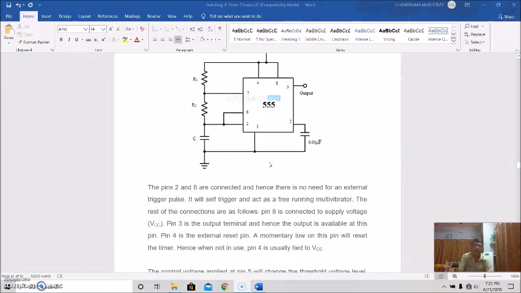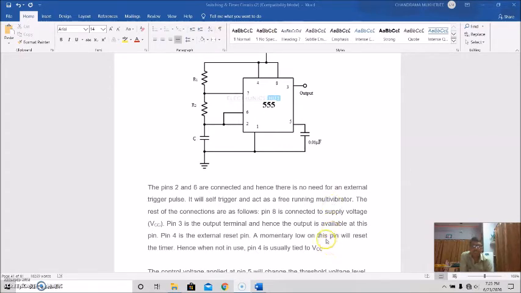Pin 2 and pin 6 are connected, hence there is no need for any external trigger pulse, as we saw when discussing the working principle in our last class. Since these are shorted, no external trigger pulse is required, and it will self trigger and act as a free running multivibrator.